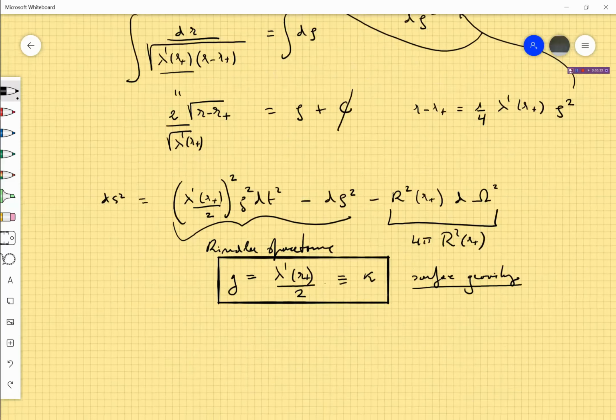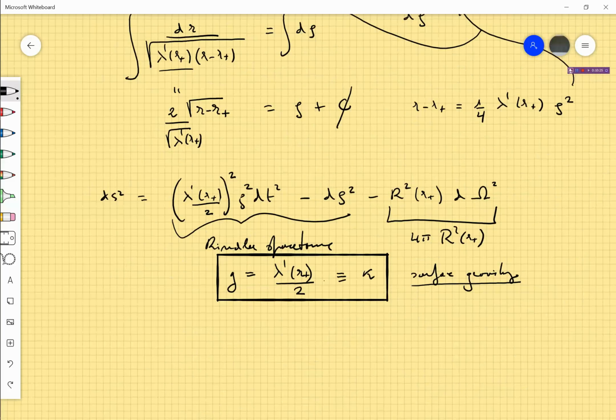So this kind of black hole that we just considered with lambda prime different from 0 is a sub-extremal, non-extremal black hole. And you see that we just showed in a very simple context that sub-extremal black holes, which have, as we know, bifurcate horizons, have also a non-vanishing surface gravity. So this is one of the lessons that you learn.